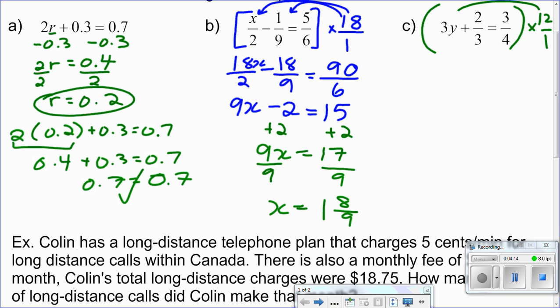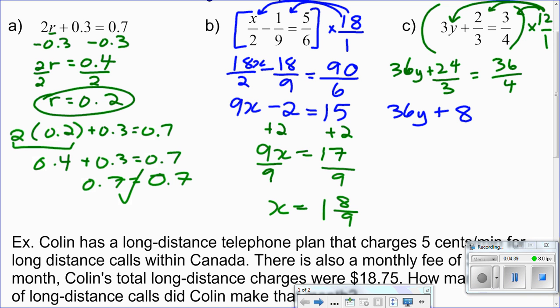So we're going to go 12 times 3y, so we get 36y. 12 times 2, that gives us 24 over 3. And 12 times 3, that gives us 36 over 4. Some of you might do this step and the next step all in one, and that's fine. So then we get 36y plus 24 divided by 3, which is 8, and equals 36 divided by 4, which is 9.